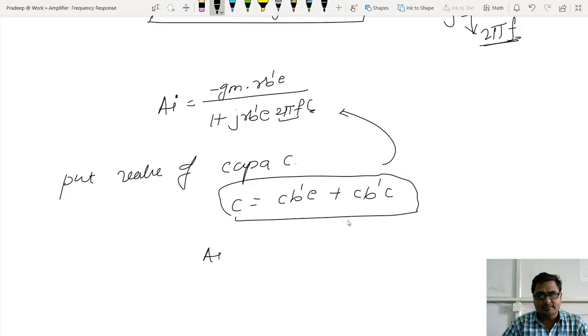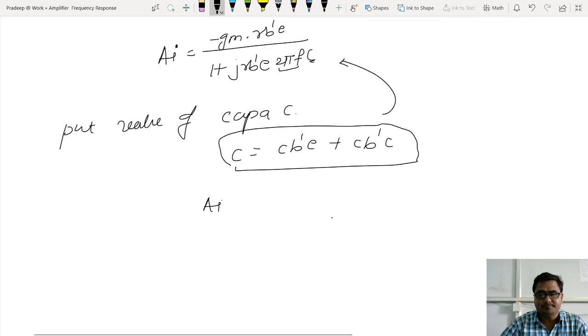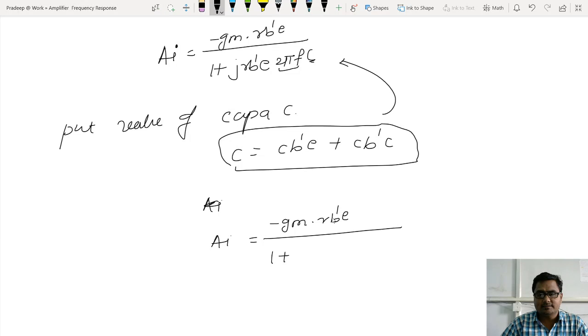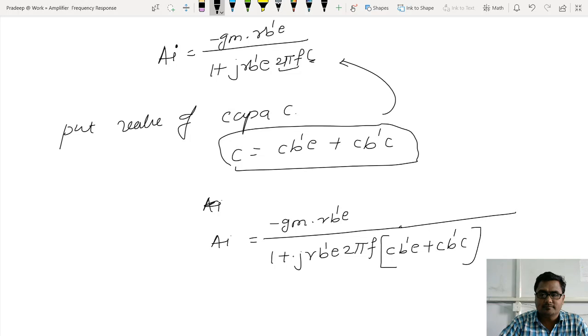Okay, let us rewrite. Minus gm R B dash E divided by 1 plus J R B dash E 2 pi f, and now I am keeping the value of C, that is C B dash E plus C B dash C. That's what it is.